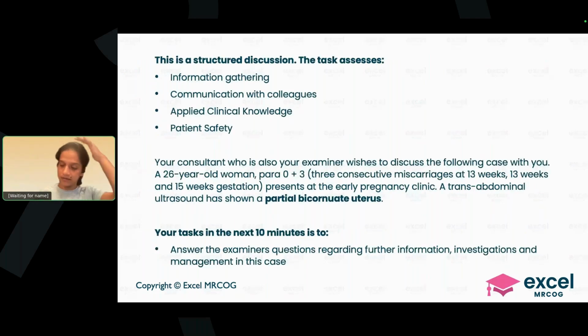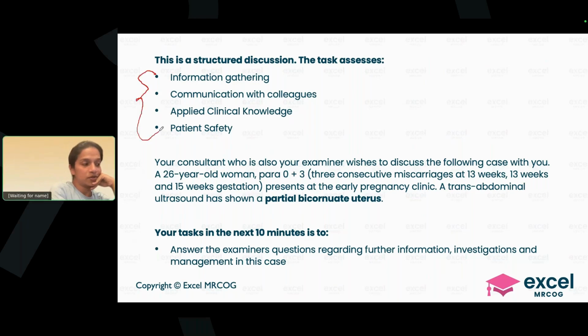So this is the third station which came the day before yesterday for the exam. A structured discussion on recurrent pregnancy loss or recurrent miscarriage. She has a bicornuate, partial bicornuate uterus. Here you can see that there are 4 domains.